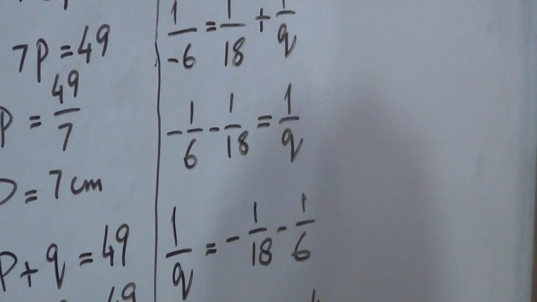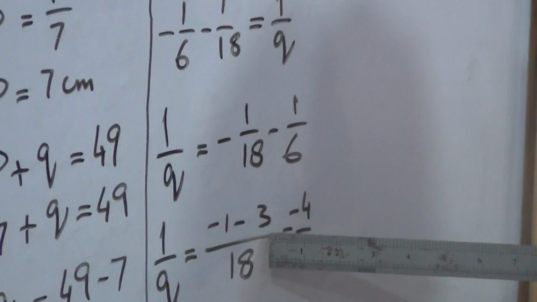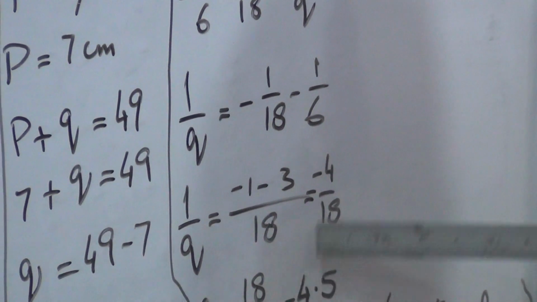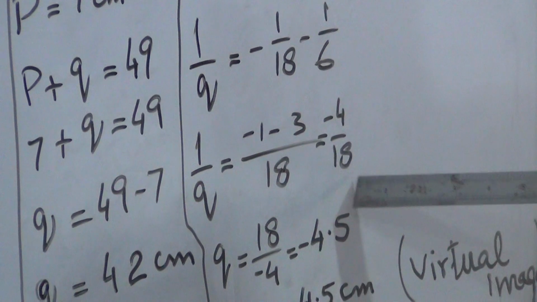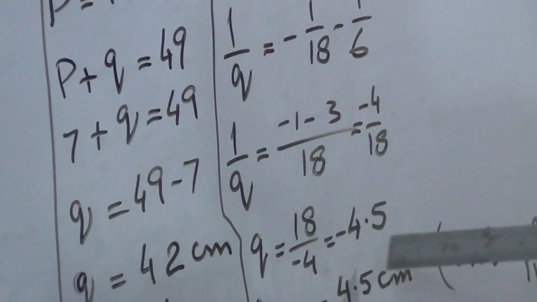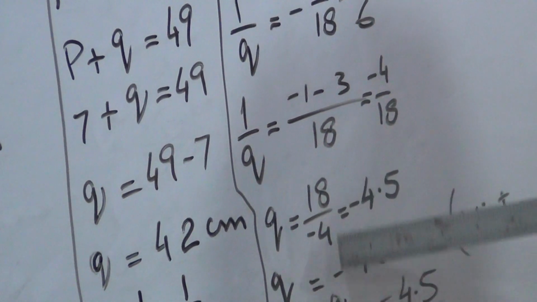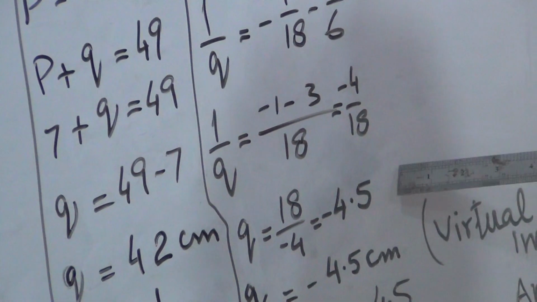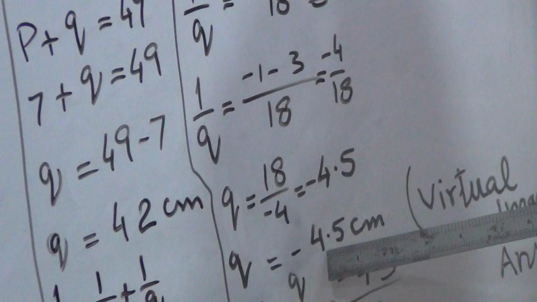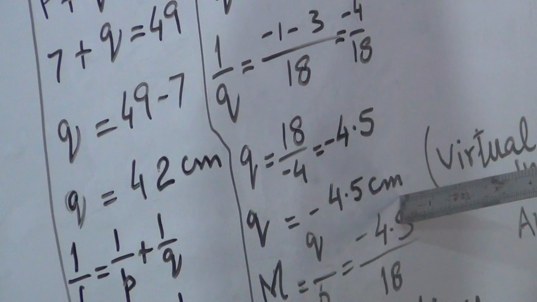So 1 upon q is equal to minus 1 minus 3 upon 18. It comes minus 4 upon 18 by calculation, and by cross multiplication q is equal to 18 upon minus 4. So the value of q comes minus 4.5 centimeter.